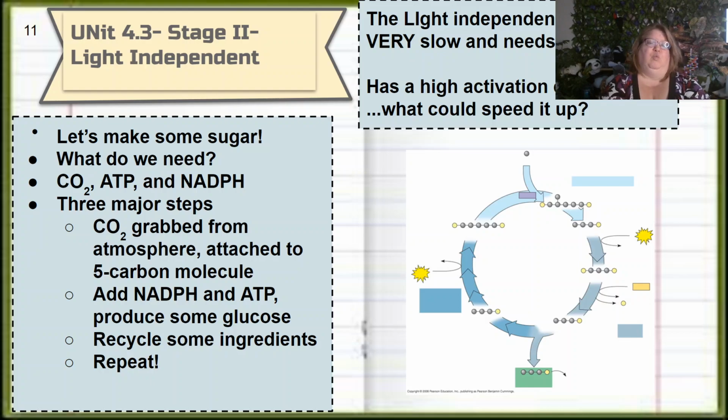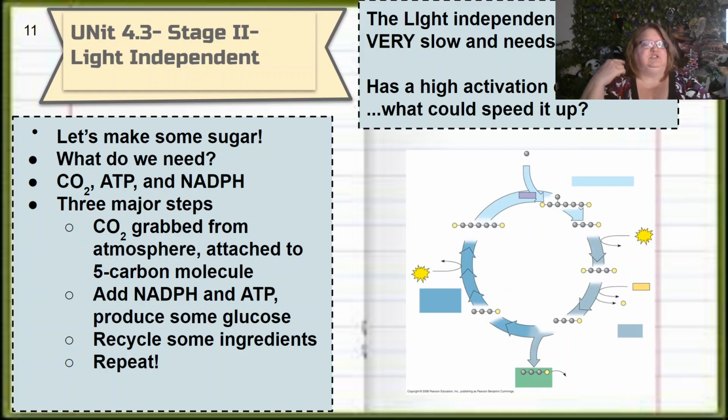And one thing you actually know about is that it has a high activation energy. And if it has a high activation energy, we need something that can lower the amount of energy. And I'm hoping in your mind, you're like, wait a minute, that sounds familiar.